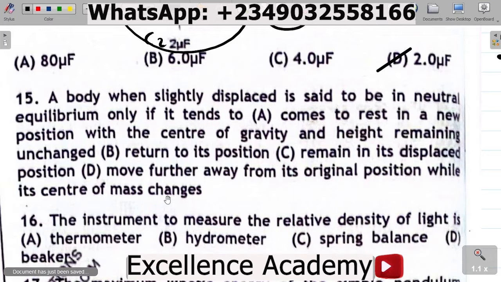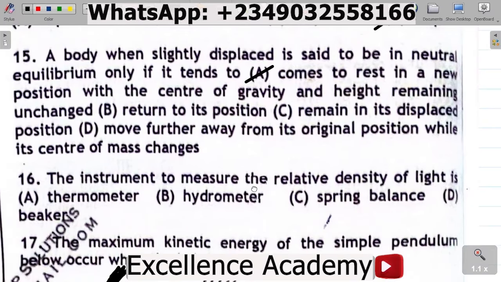If it moves further away from its original position, it is in unstable equilibrium. Hence, the correct answer for neutral equilibrium is that it tends to come to rest in a new position and the height remains unchanged. So the correct option here is A. That's the answer to this question.